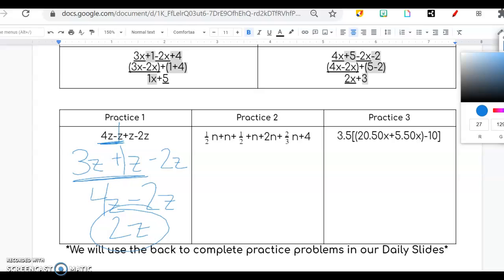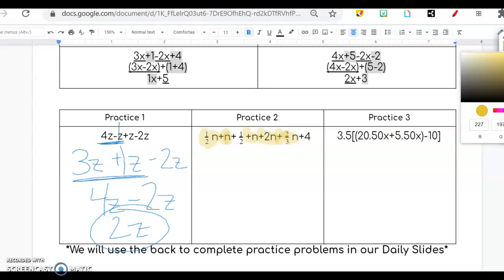When I look over at practice number 2, we have some n variables, and then I see some constant numbers. So I'm going to highlight all my n's, all my variables that are alike.